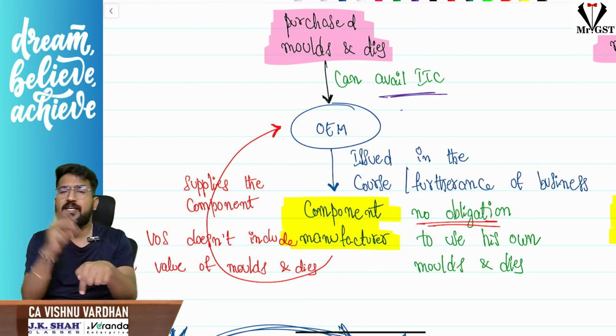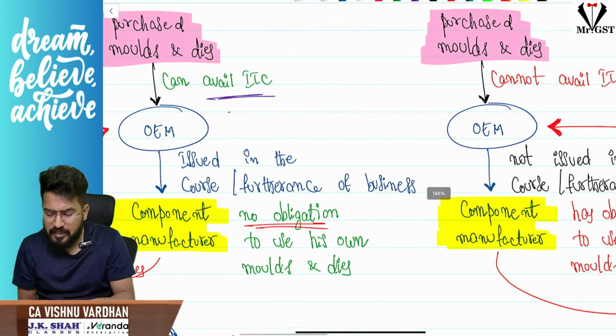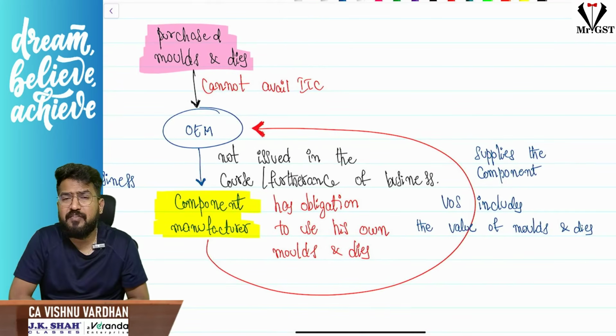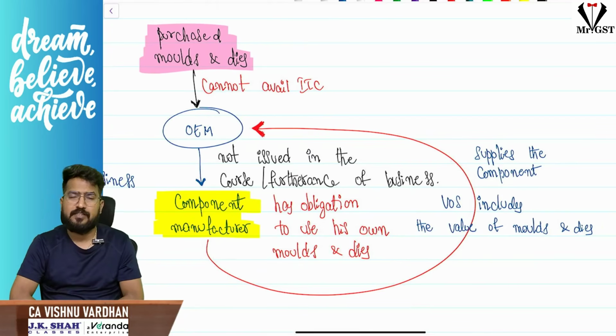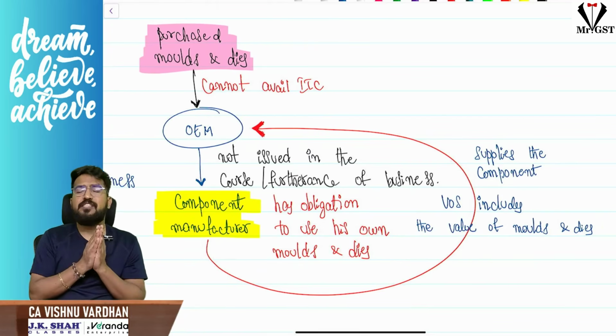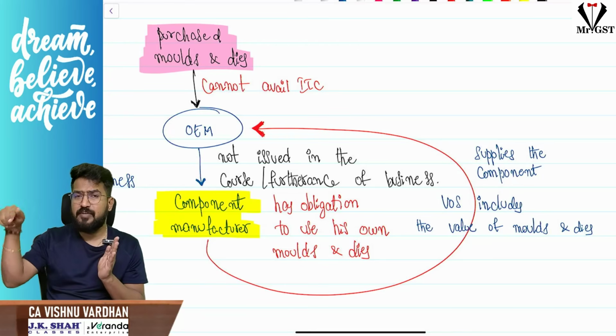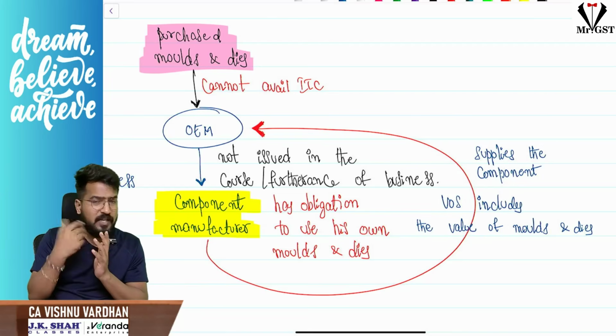What if he has an obligation and you are buying and giving to him? Then yes, we will add it to the value of supply. And can the original equipment manufacturer avail ITC? No, he cannot avail ITC. So simple: supplier has an obligation, recipient is buying it and giving. Can the recipient take ITC when he purchases? No.